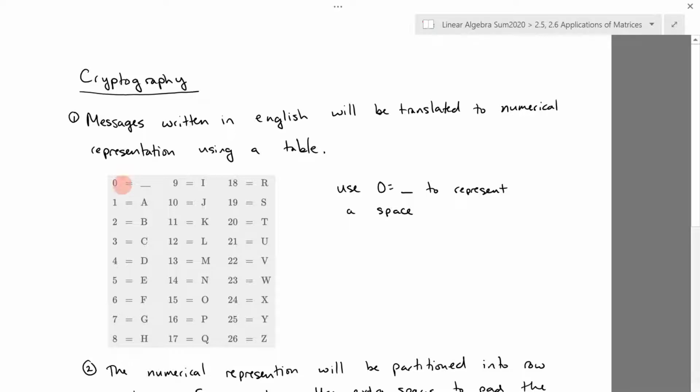And so what we're going to do is use this table here to do the translation, right? So the letters of the alphabet are going to be represented as numbers from 1 through 26. And if we have spaces in the message, we'll represent it as the number 0. So this underscore just means that there's a space in the message.